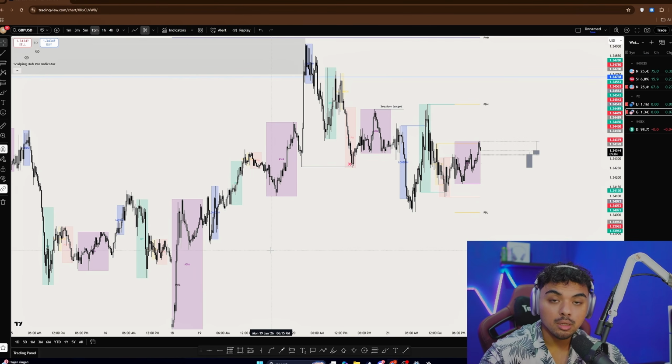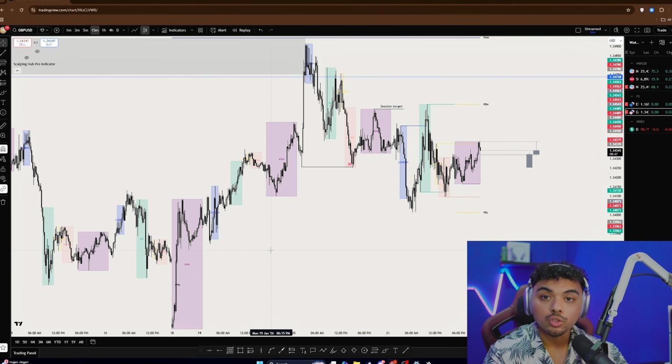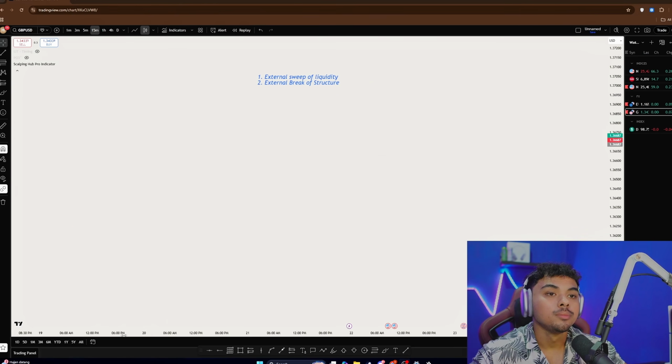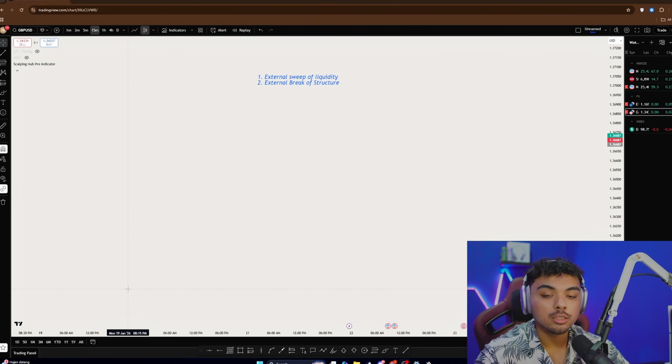to keep in mind before you mark them as a break of structure and which break of structure actually matters, where you don't need no body closure above certain highs or certain lows. All you need is a 0.1 pip of a wick closing above or below structure in order for your break of structure to be valid. All right, as you can see right now, we do have a couple of checklists here, only 2 of them.